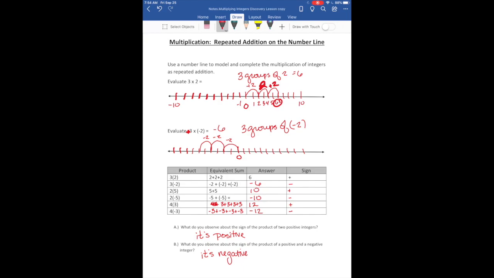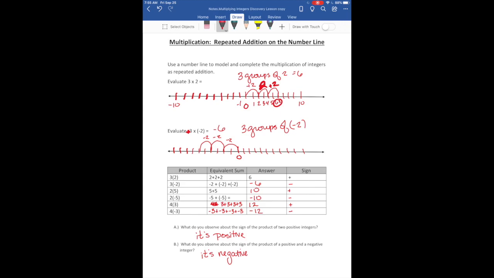So in the table, it's asking you to think about what your addition sentence would be for the multiplication problem and what your answer would be. So 3 times 2, we've already done, is 2 plus 2 plus 2. 3 times negative 2 is negative 2 plus negative 2 plus negative 2, right?